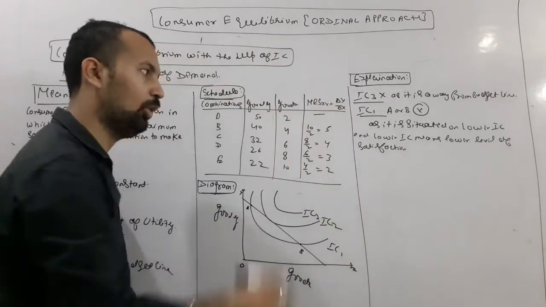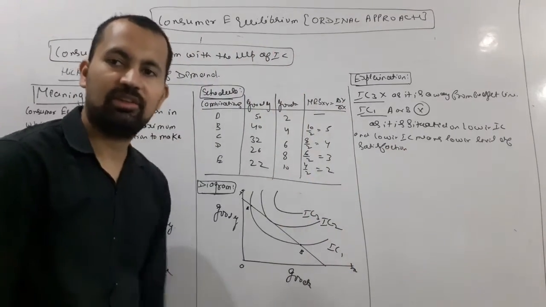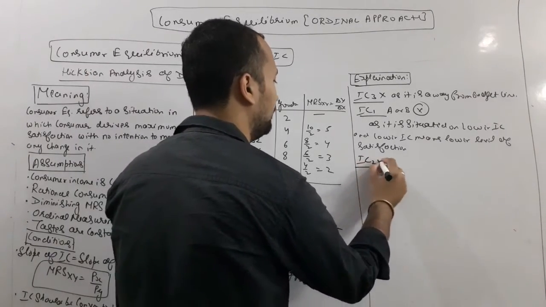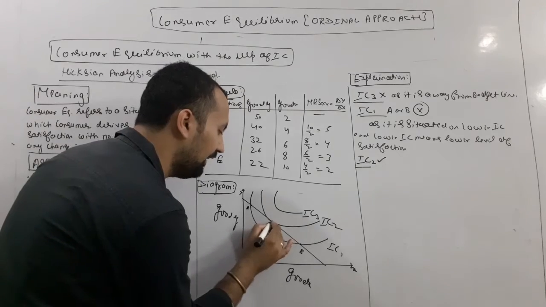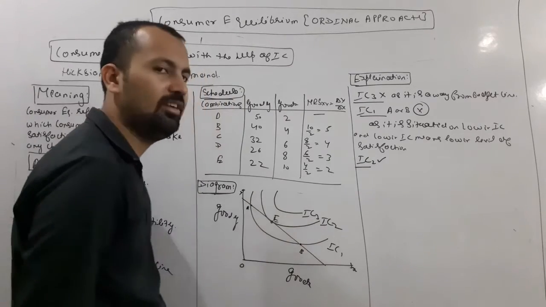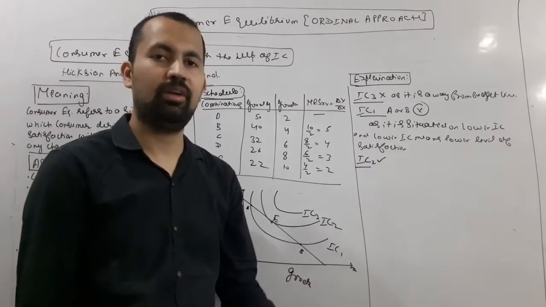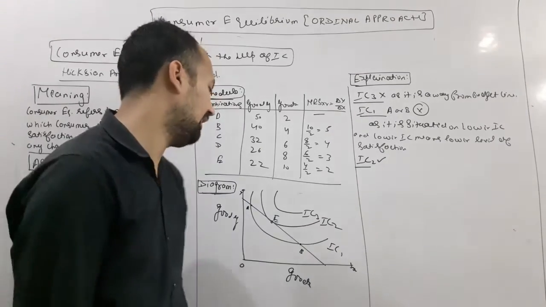So IC3 is not the situation of equilibrium, IC1 is not the situation of equilibrium. So I will definitely get the equilibrium on IC2. This point is termed as equilibrium as here the condition is satisfied, that is slope of IC equals slope of budget line, or the indifference curve should be tangent to the budget line.